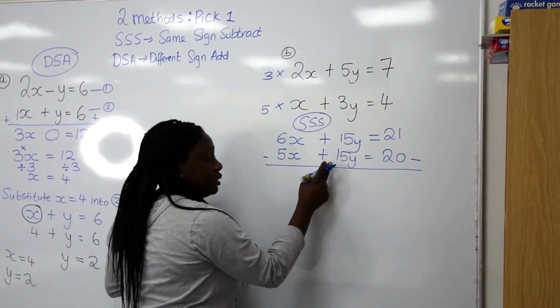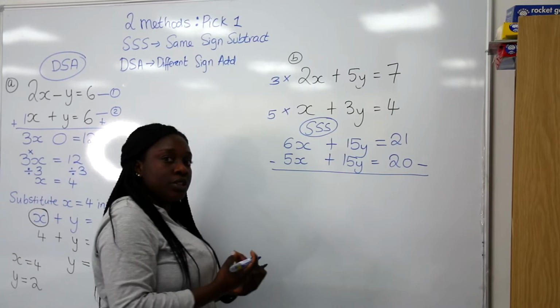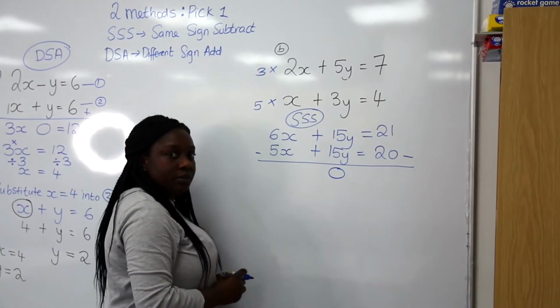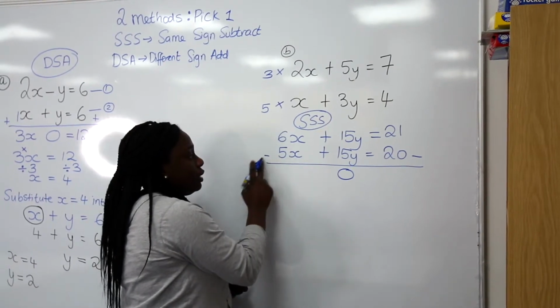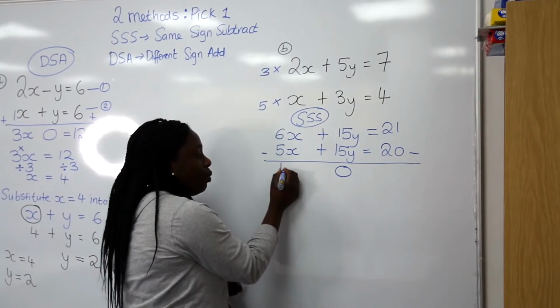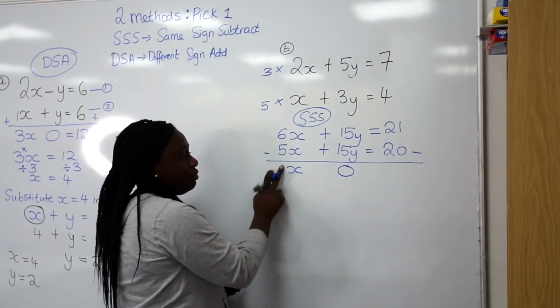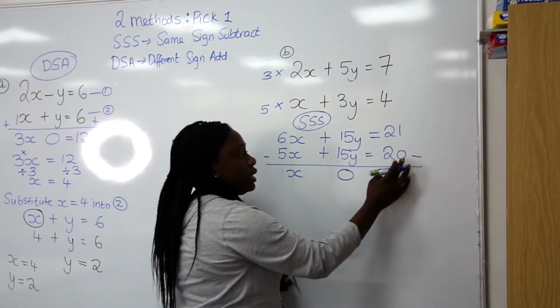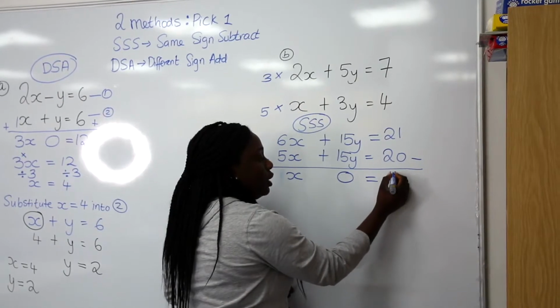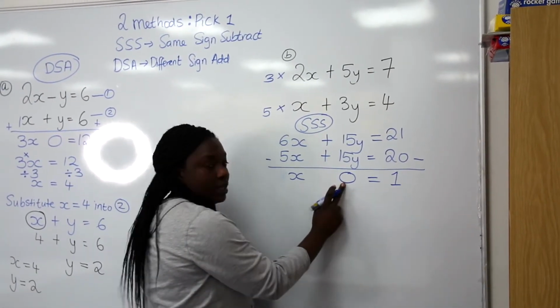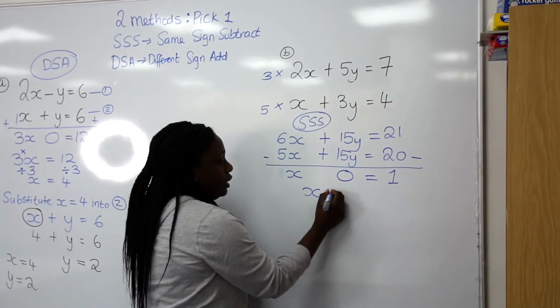We're going to take away this as well, but we know if we've chosen the right rule, this will automatically give us a 0. 6x take away 5x is 1x, or just x. 21 take away 20 is a 1. Now we're going to write this out without the 0. X equal 1.